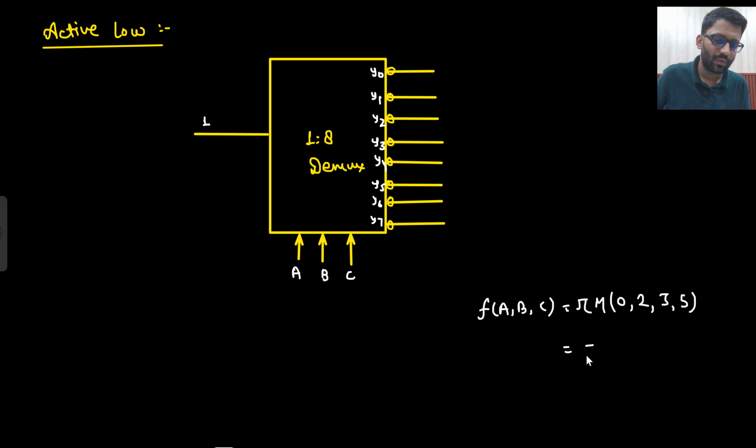Right? So what I can do? This would be equal to the bar of 1, 4, 6, 7.